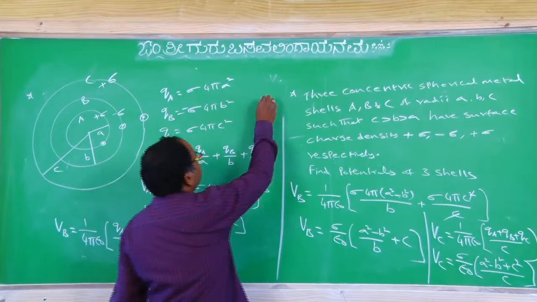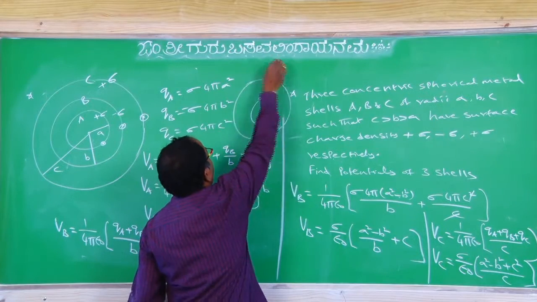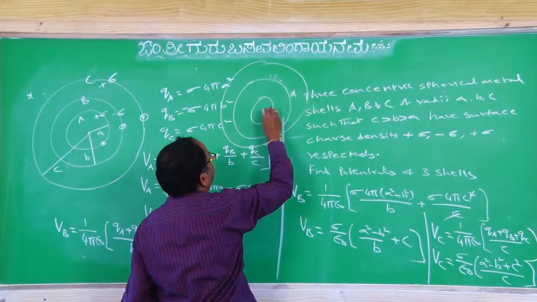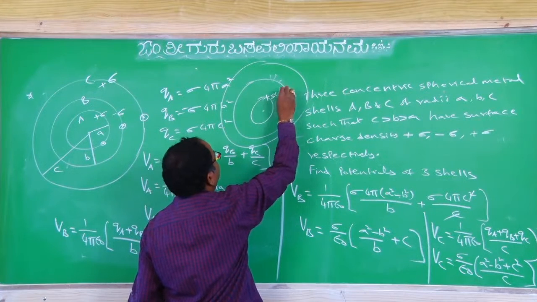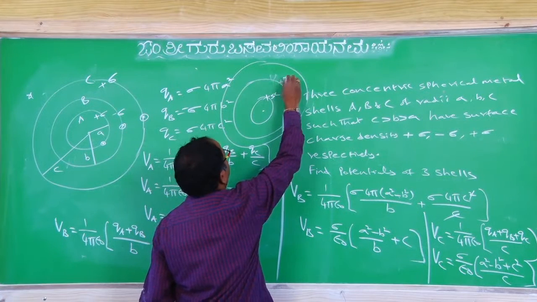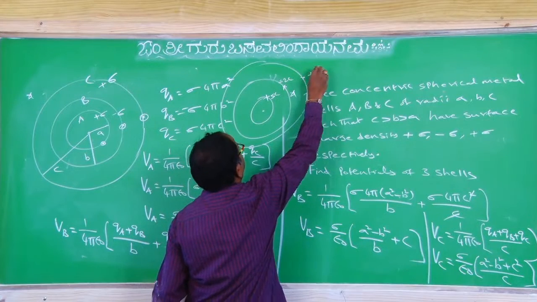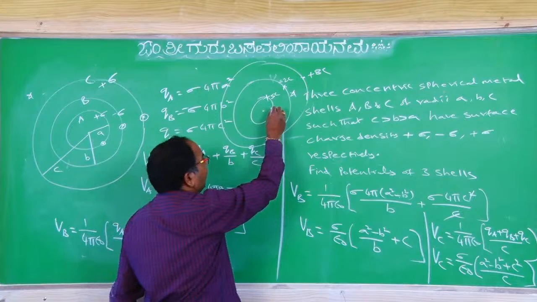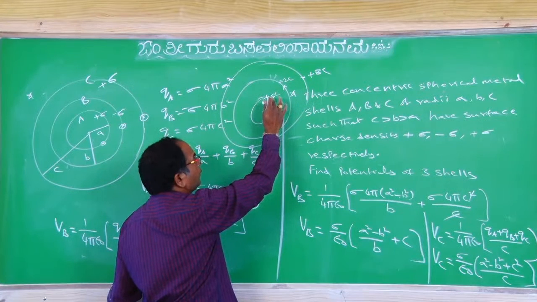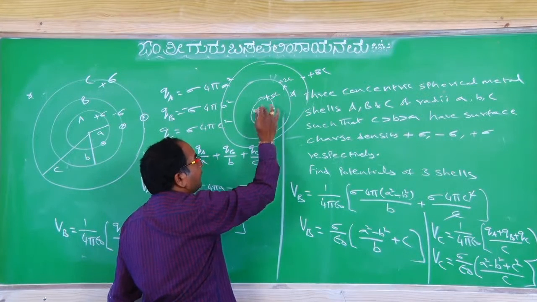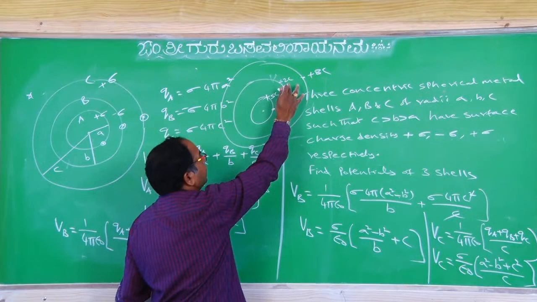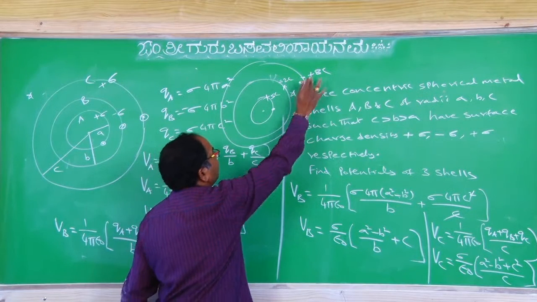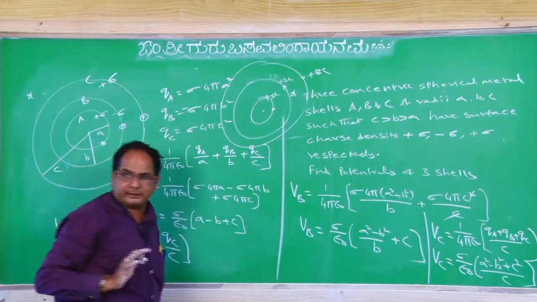That means, suppose here 3 concentric spheres are there. Here the charge is plus 5 coulomb, here minus 2 coulomb, and here plus 8 coulomb. If you are calculating here, then what you should do? 5 divided by its radius, minus 2 divided by its radius, plus 8 divided by its radius.